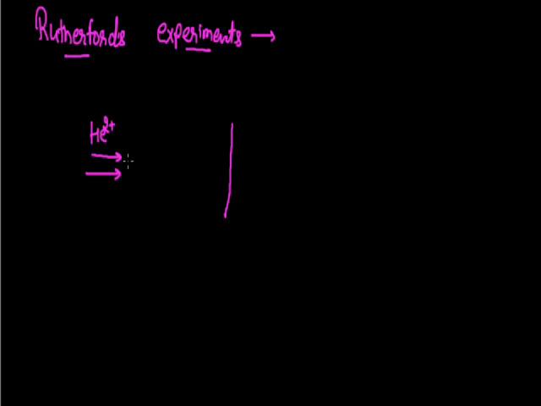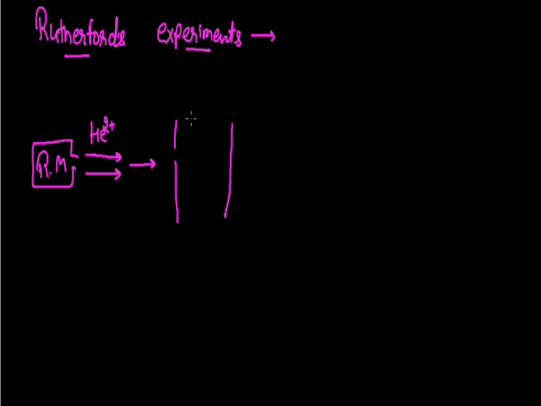He bombarded alpha particles on the thin gold foil, and as the source of these alpha particles, he used a radioactive material which he kept in a lead box. From this lead box he got alpha particles, and these alpha particles were passed through a very thin slit and bombarded on the gold foil.